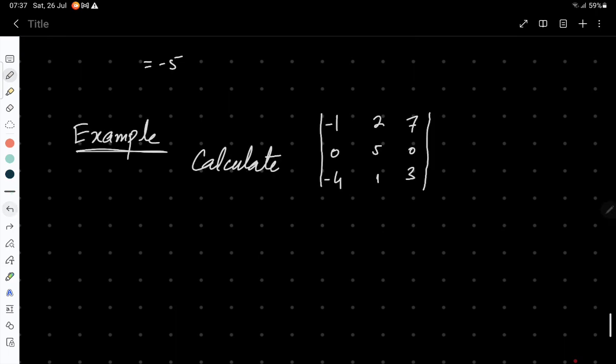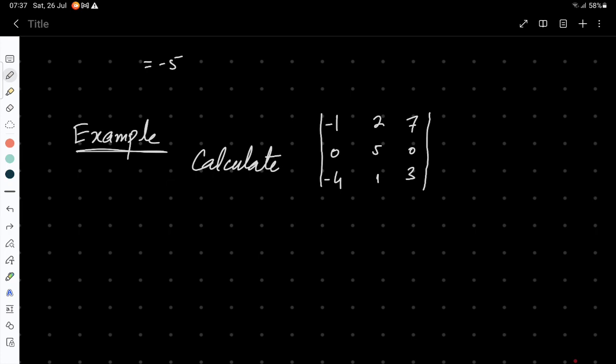Look at another example. You have to calculate the determinant of this matrix. In the beginning I told you that you can calculate the determinant of a matrix along any row or along any column. Whenever you are going to calculate the determinant, you will look at the row or the column in which there are more zeros.